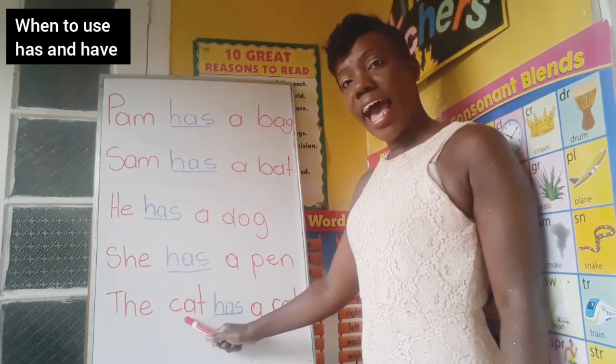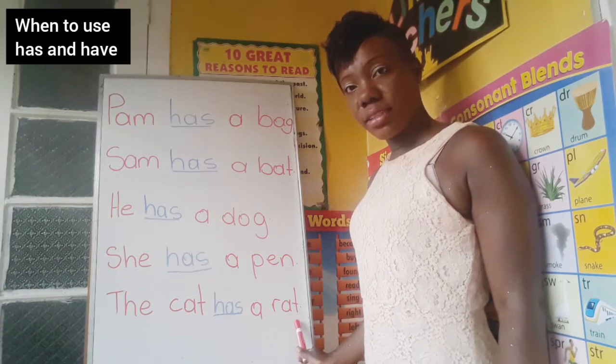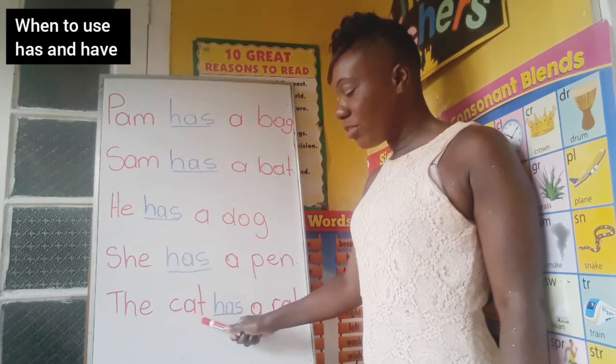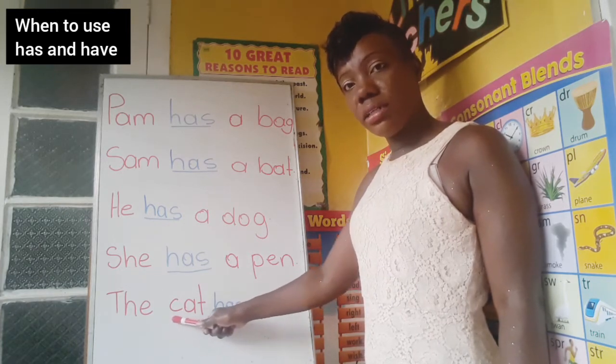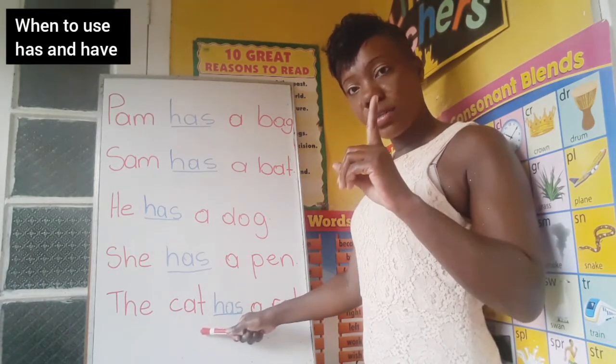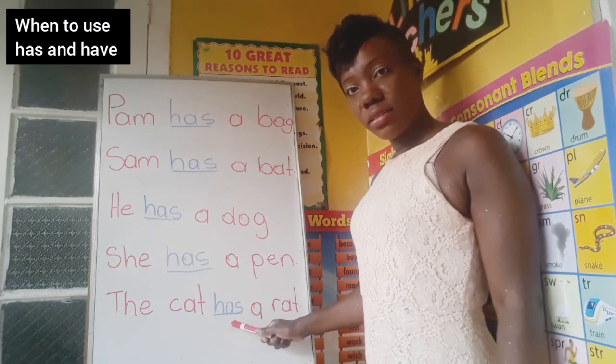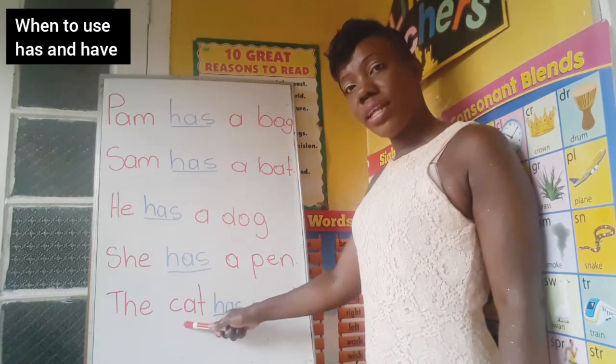The cat has a rat. And cat right here, which is also a noun, a common noun, it is how many cats? One. So you use the word has to show that it is one cat.